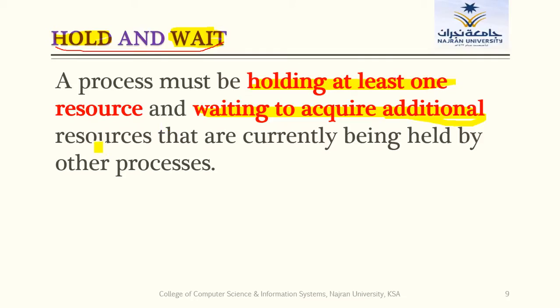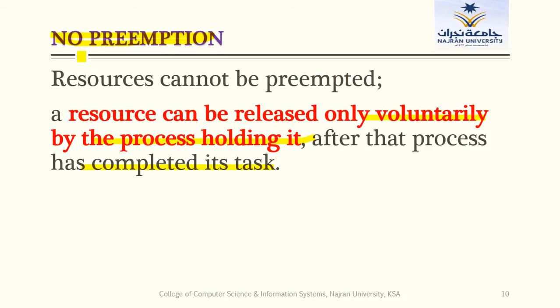If this is the condition, then there are chances deadlock will occur. Third, we saw no preemption: by force we are not able to take back any resource from any process. If we use this technique, then there are chances of deadlock. So to run our system smoothly, we need to include the method of a preemptive approach.